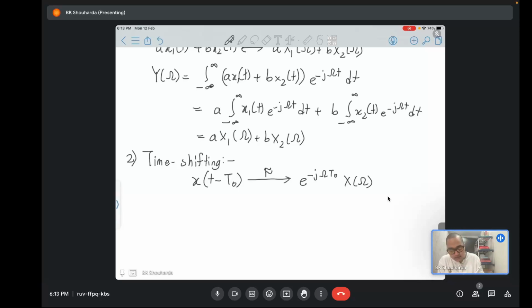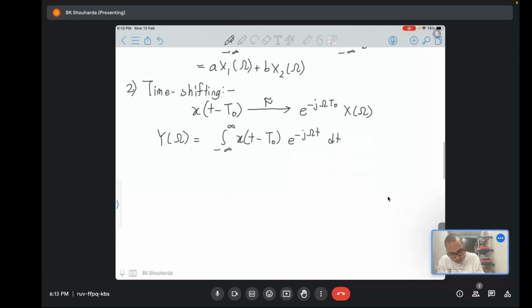Let's take y of t as x of t minus t naught, and we see y of omega is the integral from minus infinity to infinity of x of t minus t naught e to the power minus j omega t dt. We write this as x of t minus t naught times e to the power minus j omega, t minus t naught. So minus minus is plus, so you have actually added a t naught, so we need to cancel that and add an e to the power minus j omega t naught term separately in dt.